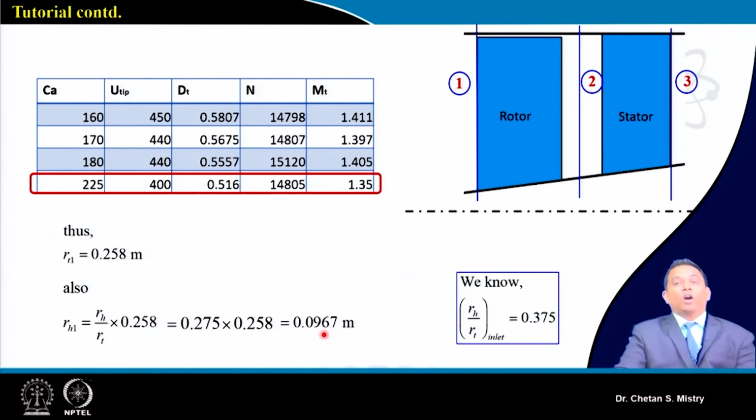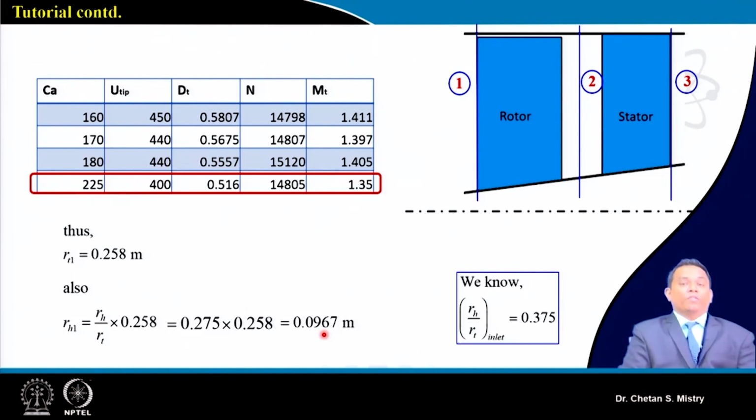Based on our understanding, we are finalizing our entry dimensions at the tip and at the hub, and this is the calculation we are doing at the entry.